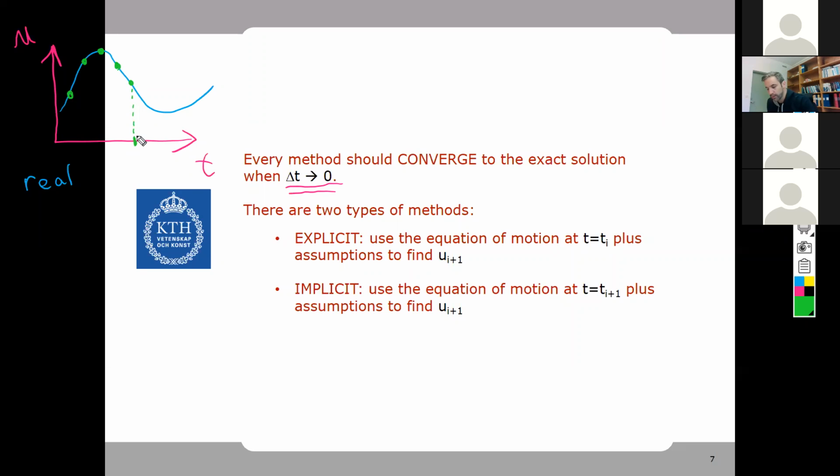We have calculated up to here, let's call it Ti, and we want to calculate the next value, in this case the displacement. And we don't know where it's going to land. Is it going to be here or here or here? We don't know. That was supposed to be a question mark.